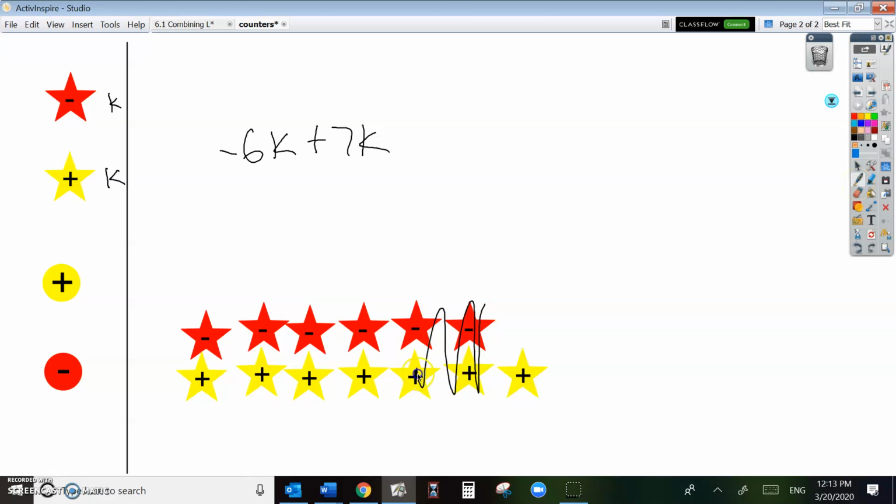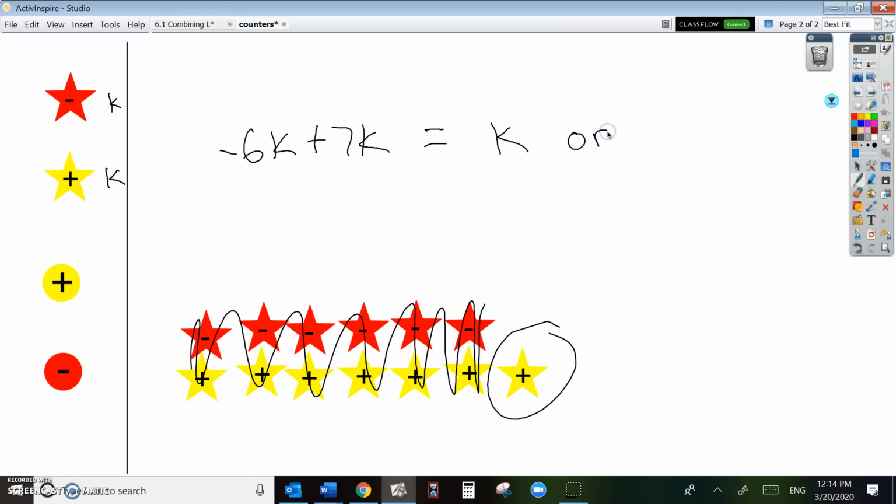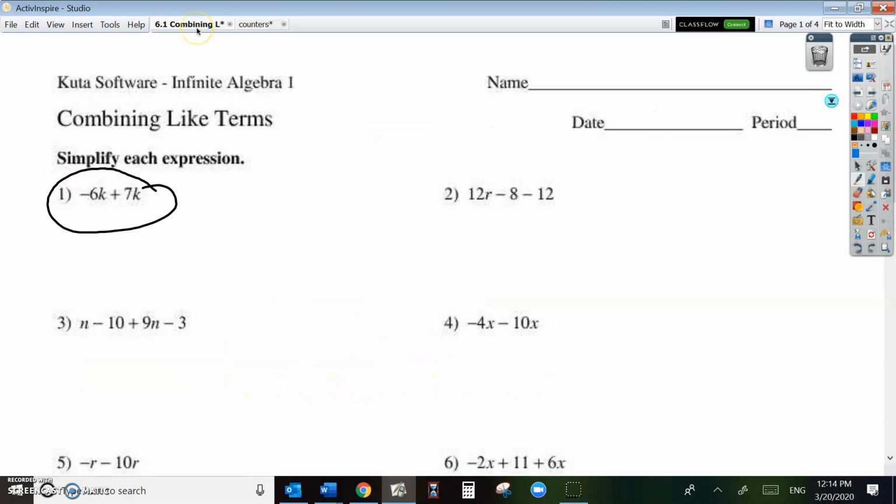So all of this cancels, and you're left with positive k, or a positive star. So this is equal to k, or it equals 1k. So for this problem here, the answer is 1k.